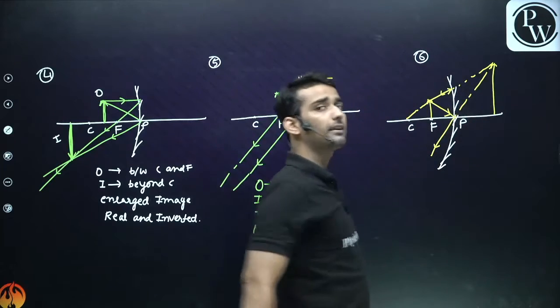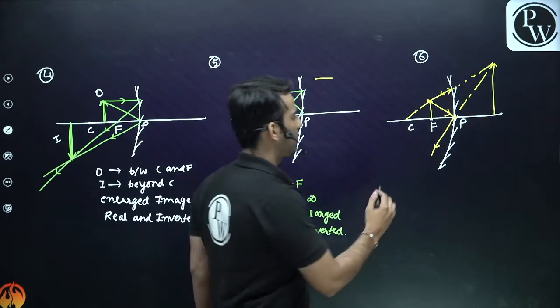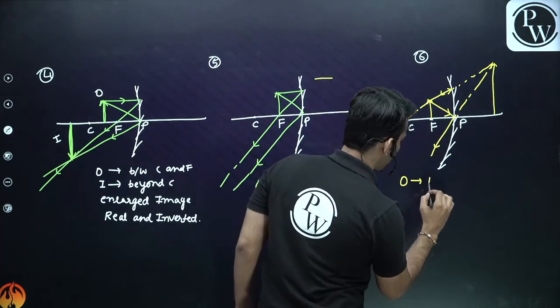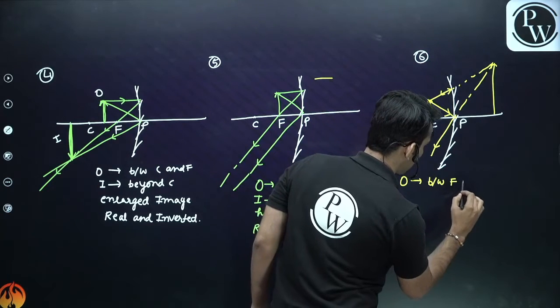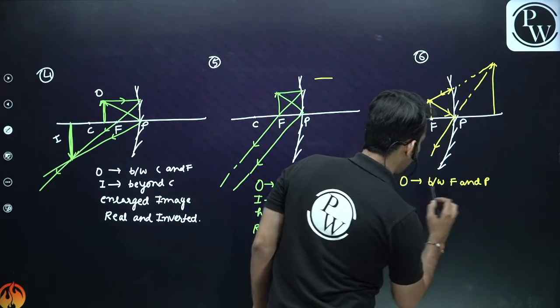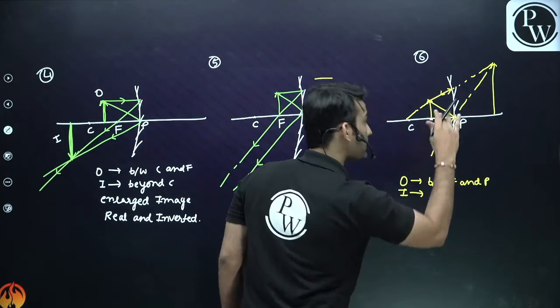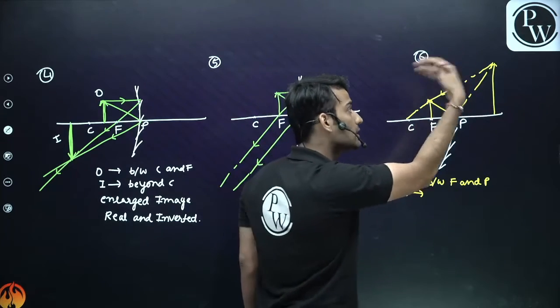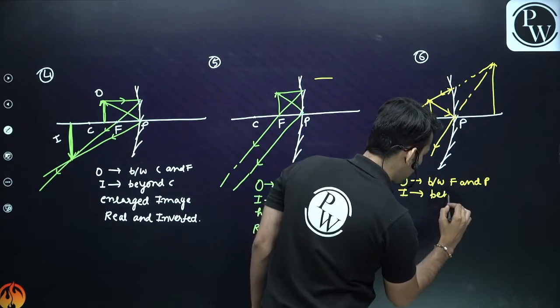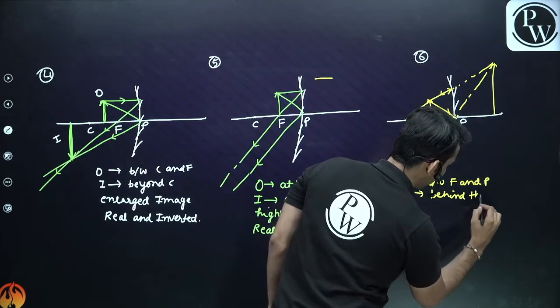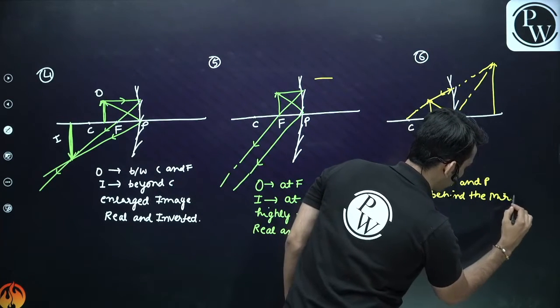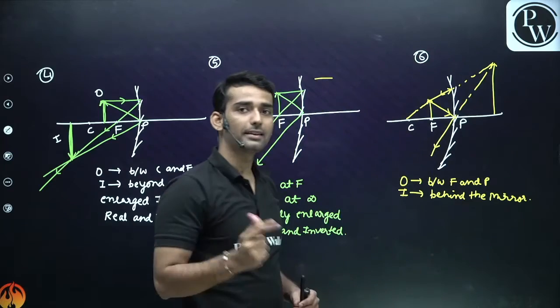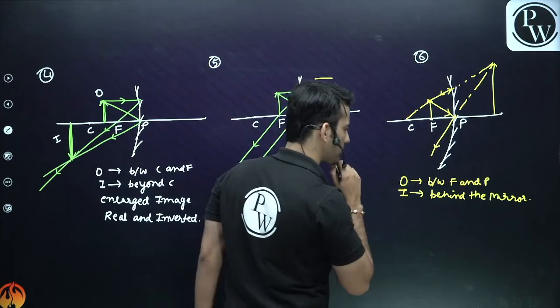So guys, here the case is different. Where is the object? Between F and P. Where is the image guys? Here the image is behind the mirror because it's virtual. Is it clear? Is it clear guys? What about the nature and what about the size?